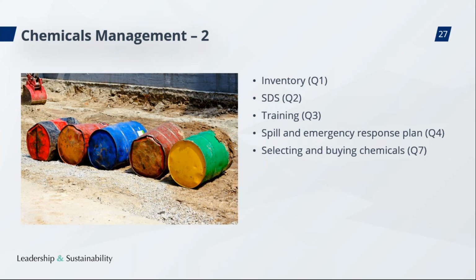We will follow and trace several of your chemicals and have a look at how you deal with them. And we will also speak with your teams locally to understand if they have received training, for example. And there is also one question that covers the selection and buying of chemicals according to RSL and MRSL, the Manufacturing Restricted Substances List.